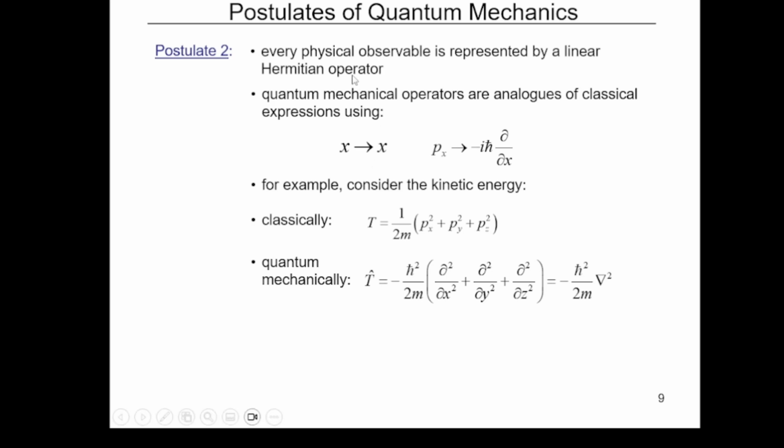So every physical observable, according to postulate 2, is represented by a linear Hermitian operator. So quantum mechanical operators are analogous to classical expressions. For example, if you talk about kinetic energy, classically it is shown as 1 over 2m times (px squared plus py squared plus pz squared). Now, in quantum mechanics, px is equal to minus iota h bar curly d over curly d x.